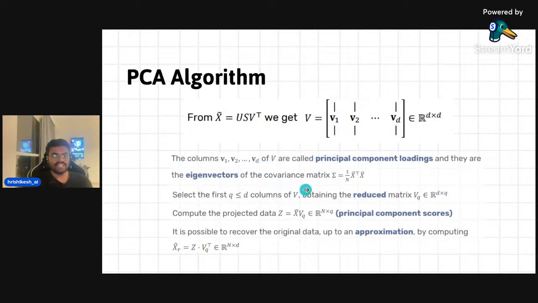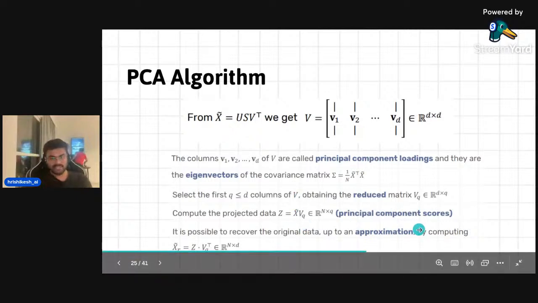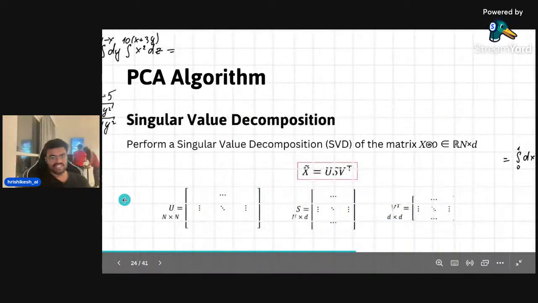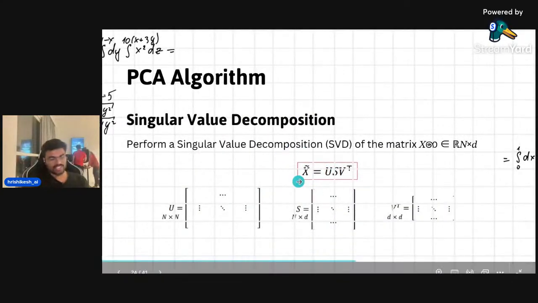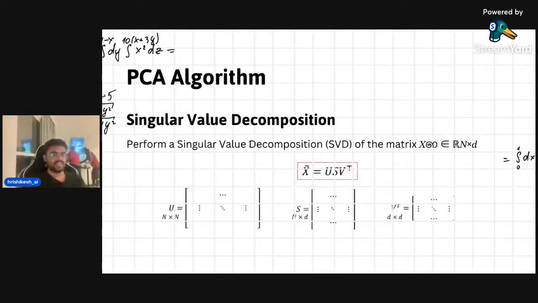The covariance matrix is to gather information about retention, and the focus is to have the maximum variance, as we discussed earlier. Then we calculate the principal component score, which is projected by having z and x bar, which we got from here. So now you know why SVD came into the picture.